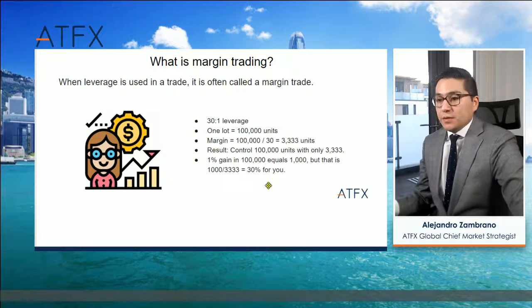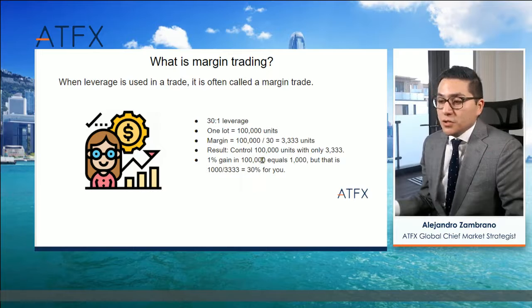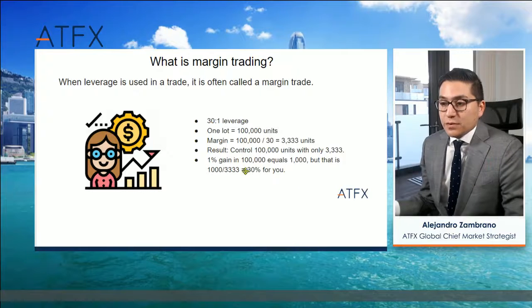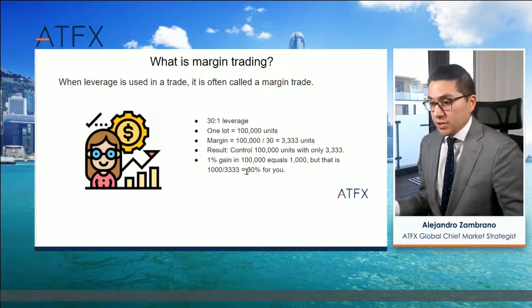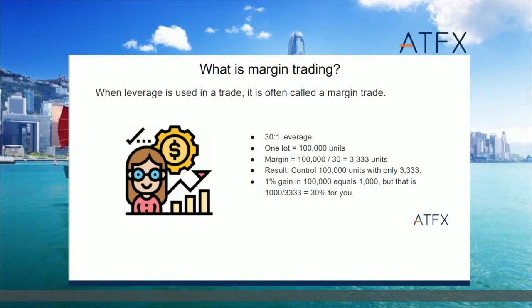Now, this is really important to understand. When you're making profits and losses, you actually do that on the total figure. You don't do that just on your deposit. So if this position goes up 1%, then that would be a profit of $1,000, right? So $1,000 profit.